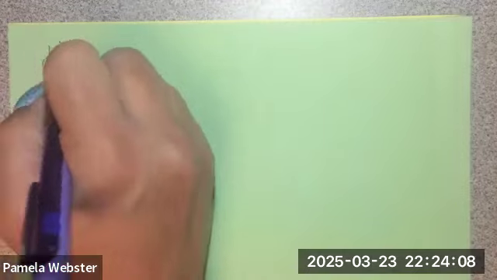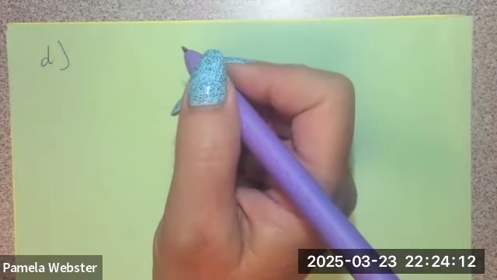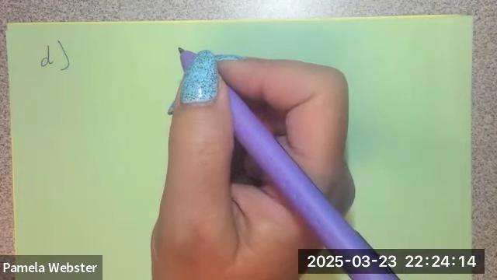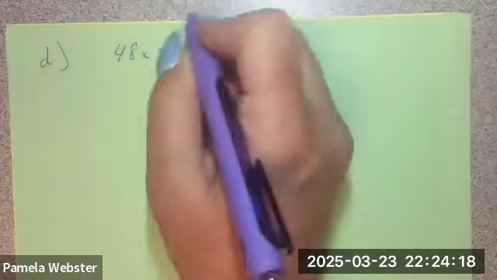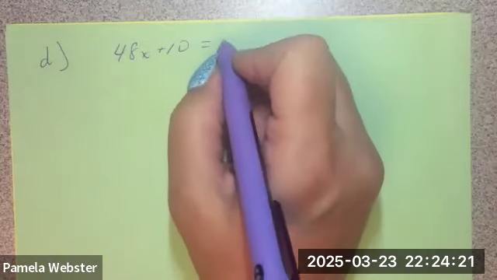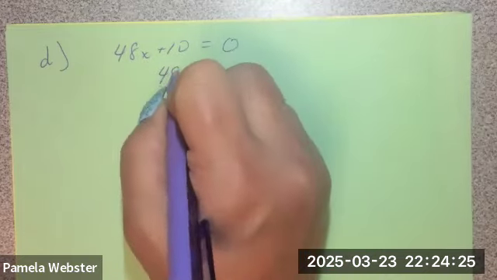And then part D says, here we go. Use the second derivative test to find any interval of concave up, concave down, or points of inflection. So 48x plus 10 was my second derivative. So take the second derivative, set it equal to 0, solve for x.